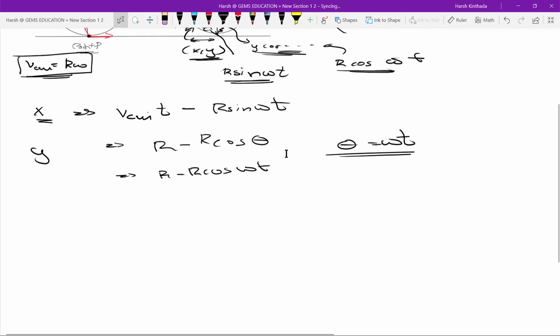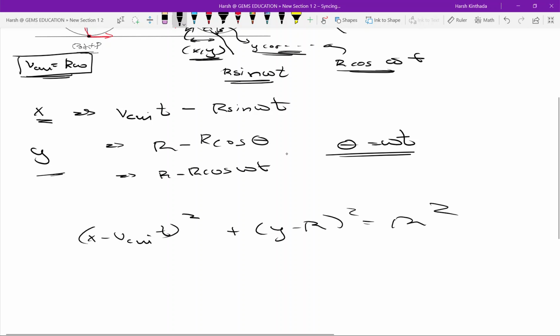Now if you want to represent this x and y, we can represent this in a different manner, which could be (x minus VCM t) whole square plus (y minus r) whole square is equal to r square. This is by using the Pythagoras theorem.